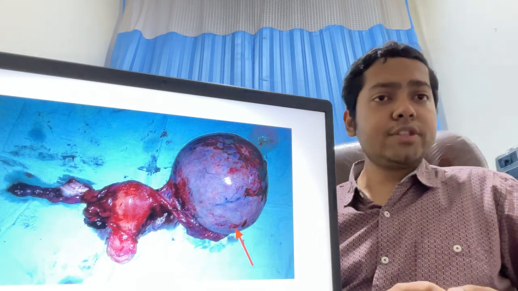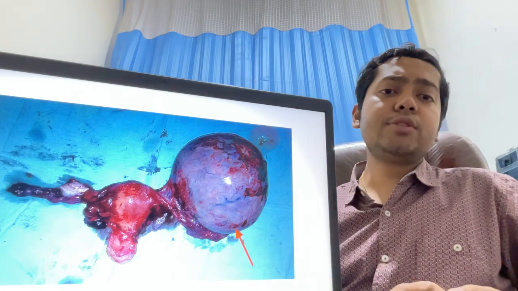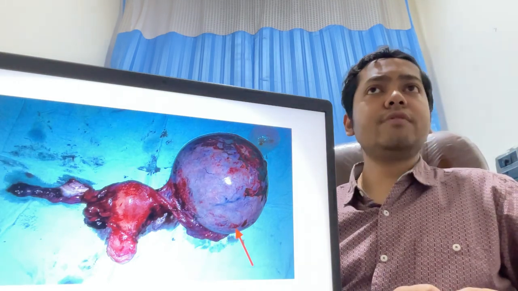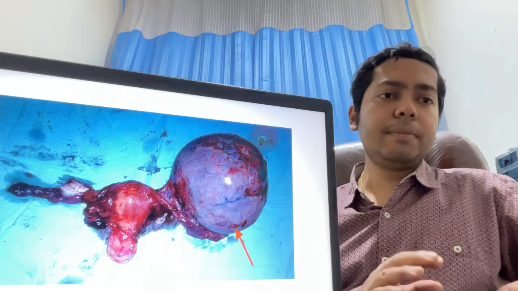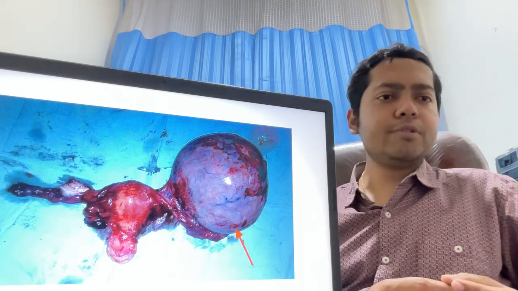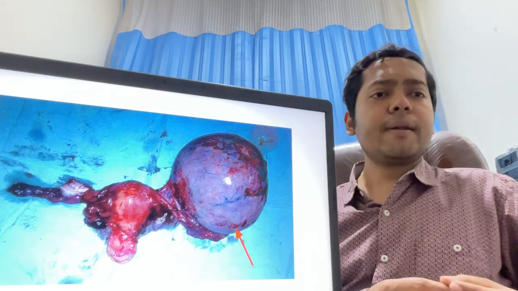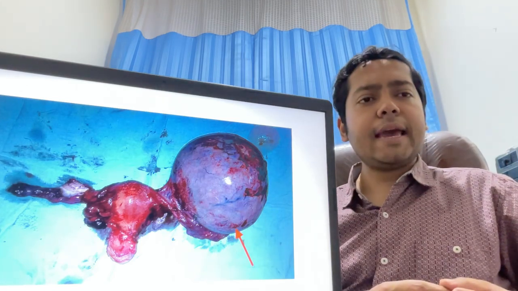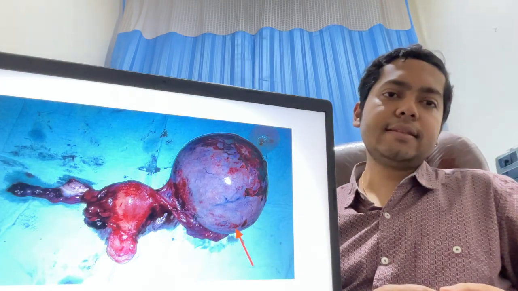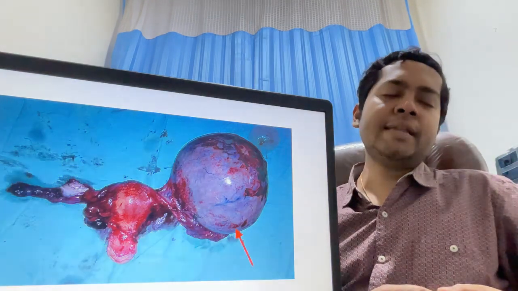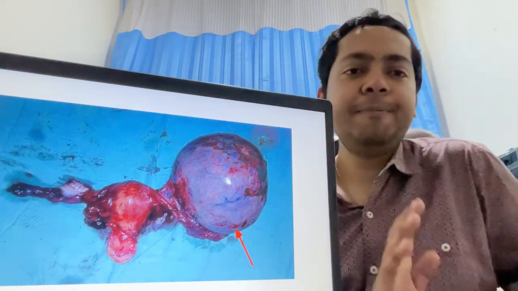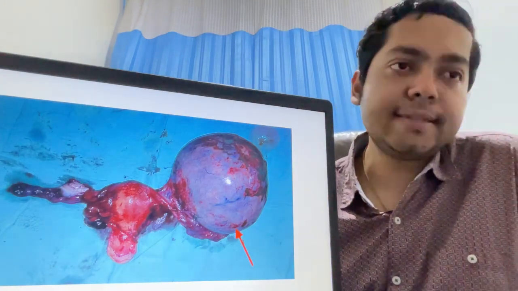Now what is the age of the patient? Because hysterectomy and bilateral salpingo-oophorectomy has been done, the age of the patient is more than midlife, around peri or postmenopausal age group. If she is in the peri and postmenopausal age group, then what is the likely type of ovarian cancer in this? The most common ovarian cancer in this age group is epithelial ovarian cancer.